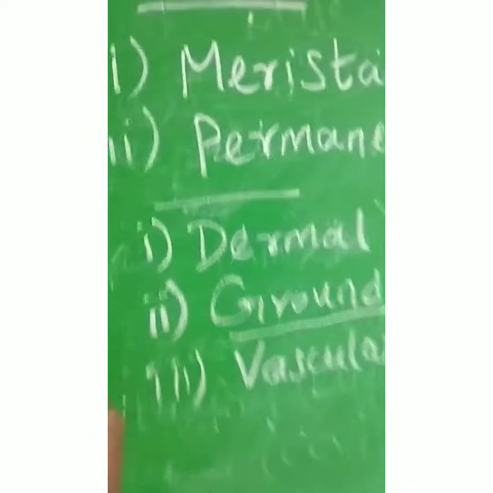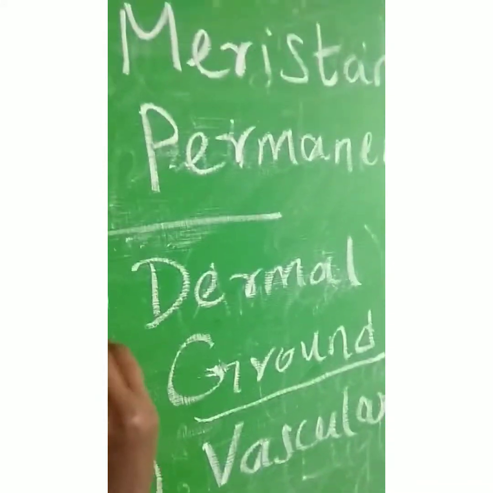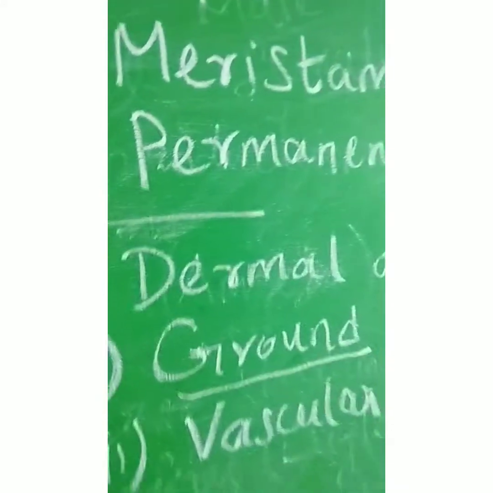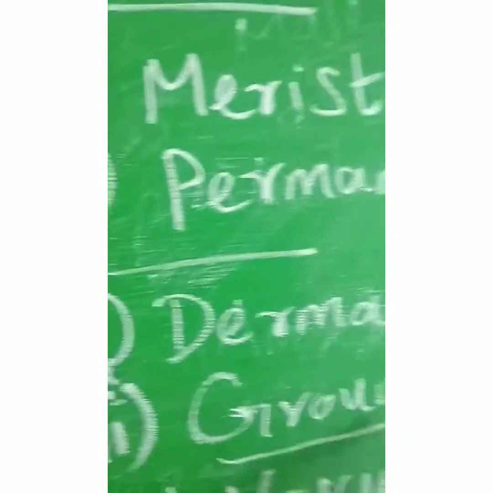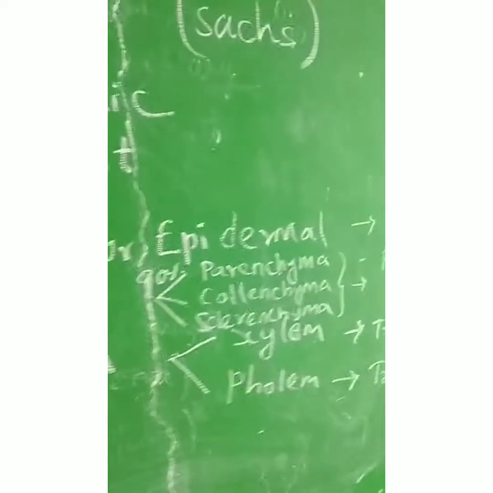Food storage, photosynthesis, all these things take place in the cortex region with the help of ground tissues, that means parenchyma, collenchyma and sclerenchyma tissues.